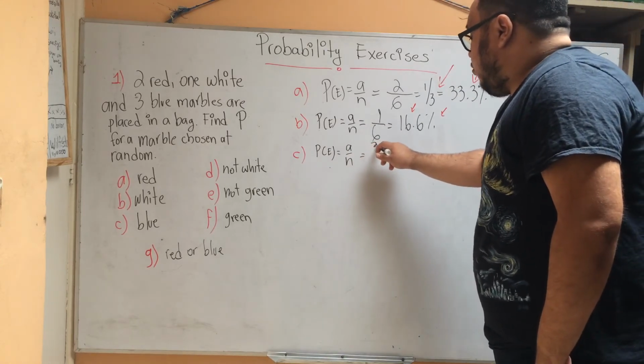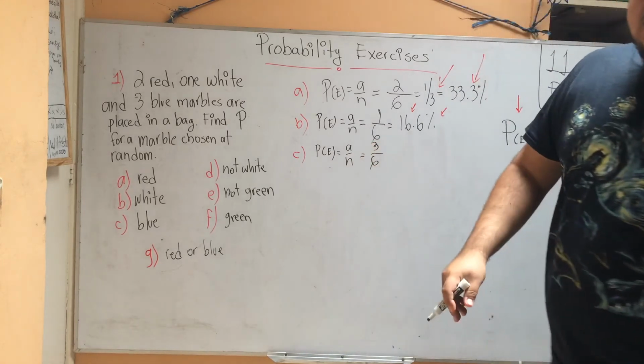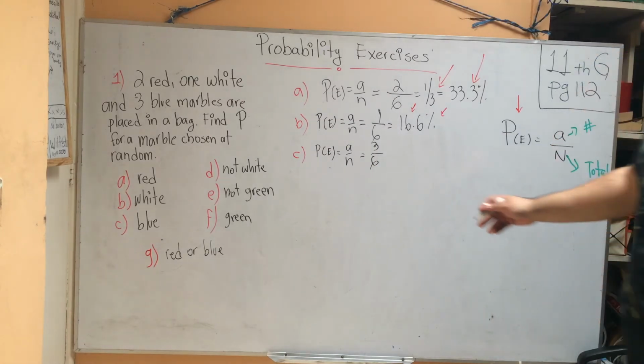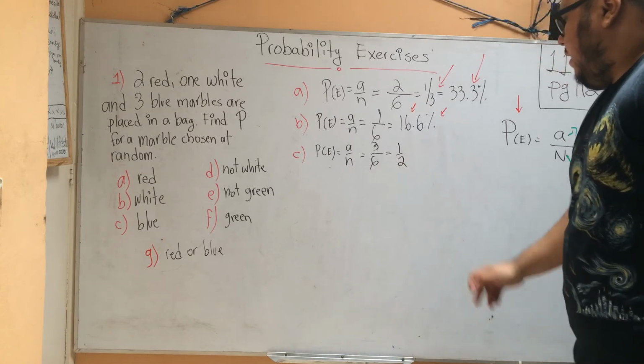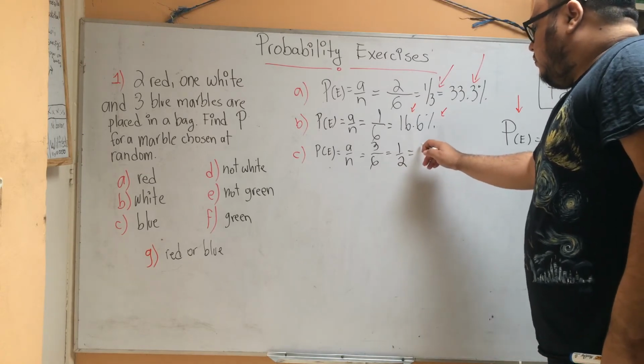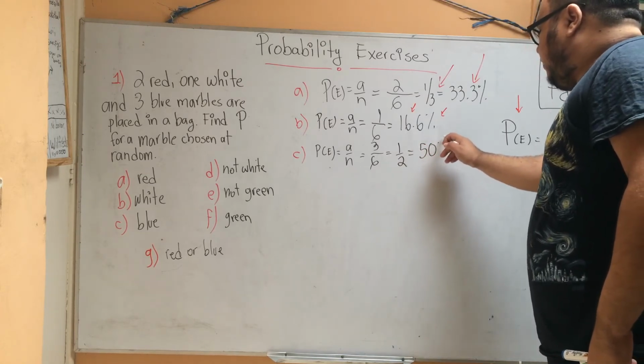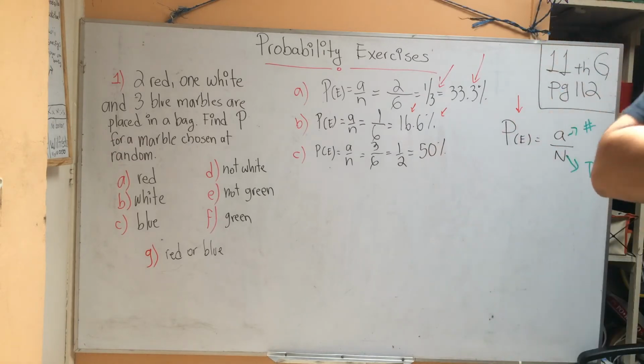So we have 3 blue marbles out of 6 that are in total inside the bag. We can simplify into 1/2, or we don't need the calculator for this one, 50%. Because blue marbles represent half of the total content inside the bag.